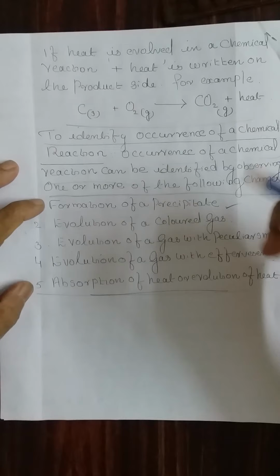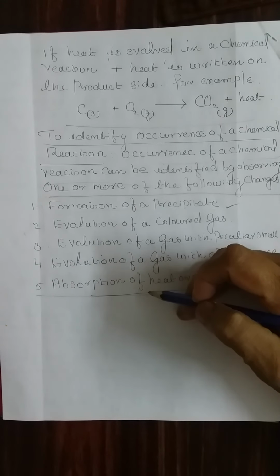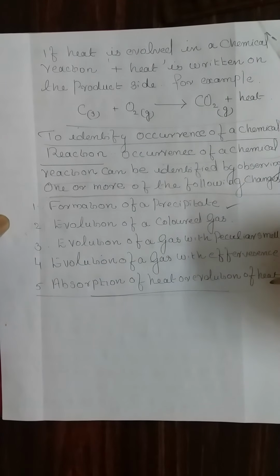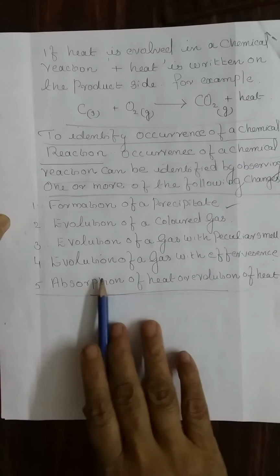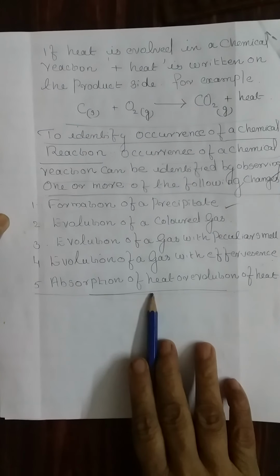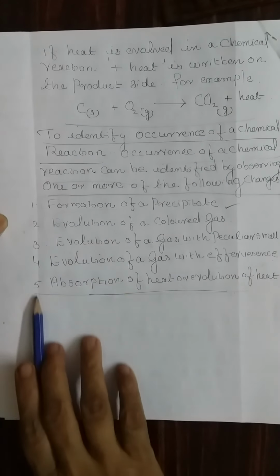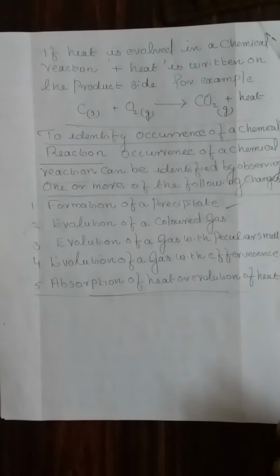Sometimes when you add the reactants, if you are holding the test tube in your hand, you can feel either a cold feeling or a very hot feeling. That means there is absorption or evolution of heat. These conditions you must study. The question is how will you identify whether a chemical reaction takes place or not? By means of these five conditions, we can easily say that yes, a chemical reaction is taking place when two reactants are mixed.